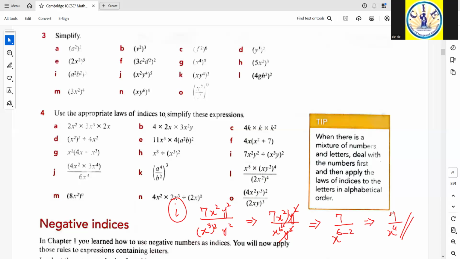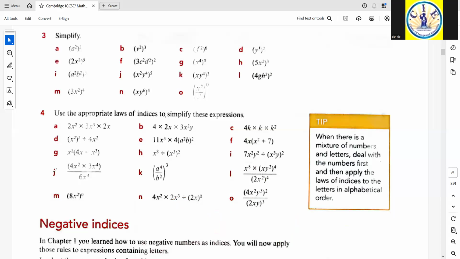Okay, now it is part J. For part J, we need to see the simplification of the coefficients first, so we can simplify them. 3 ones are 3, 3 twos are 6, and then 2 ones are 2, 2 twos are 4. So as a coefficient we are left with this 2 only. Now for x squared and x raised to power 4, which are being multiplied, are there in the numerator.